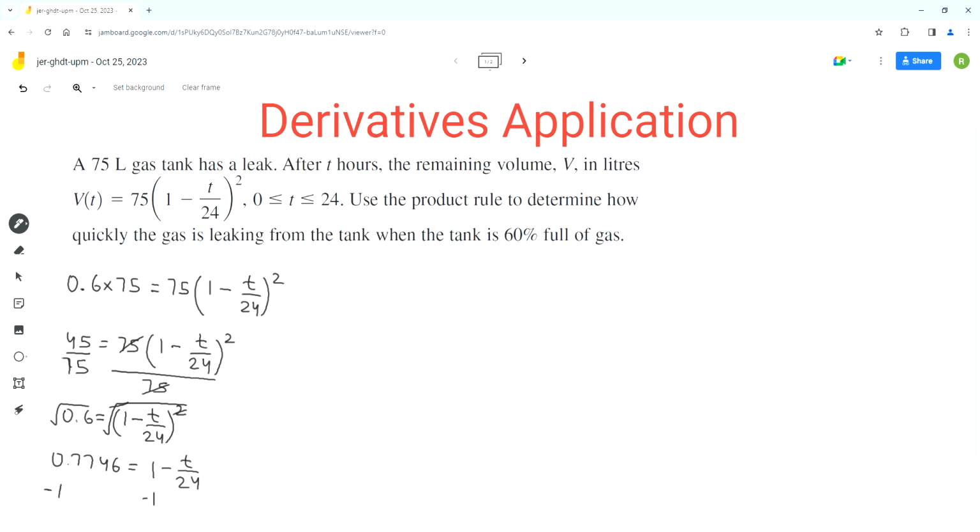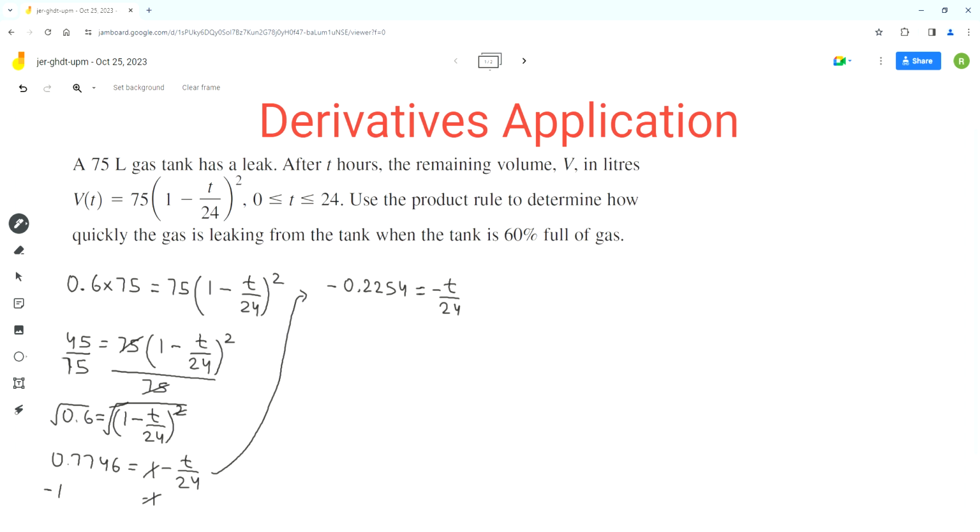So the ones on the right side cancel each other out. And now on the left side we do 0.7746 minus 1. So we get negative 0.2254 equals negative T over 24.